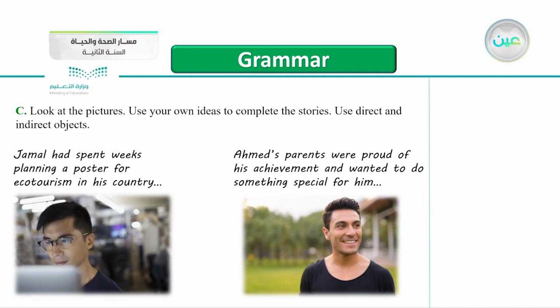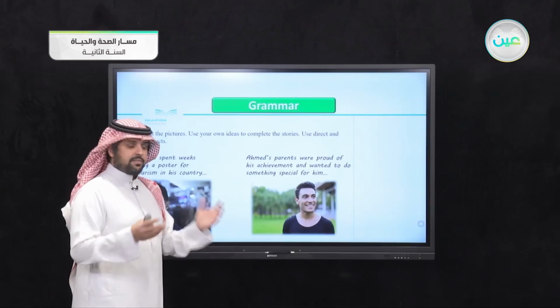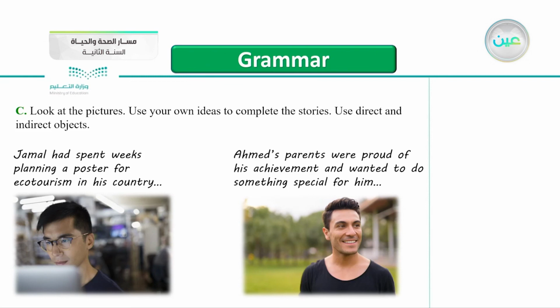And here, exercise C: look at the pictures. Use your own ideas to complete the stories. Use direct and indirect objects. So you have to make up a story from the pictures here. We have Jamal and Ahmed. Jamal had spent weeks planning a poster for ecotourism in his country. So try to make up a story about Jamal making a poster about ecotourism, and remember to use direct and indirect objects.